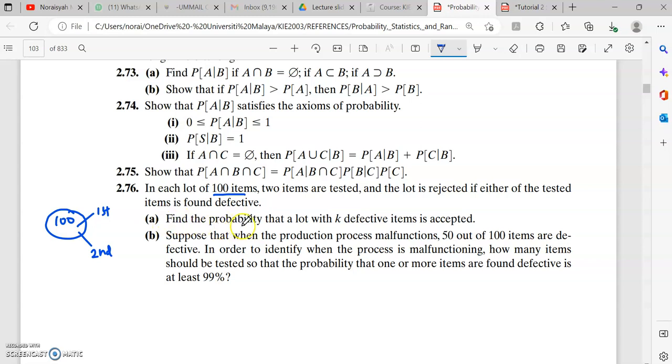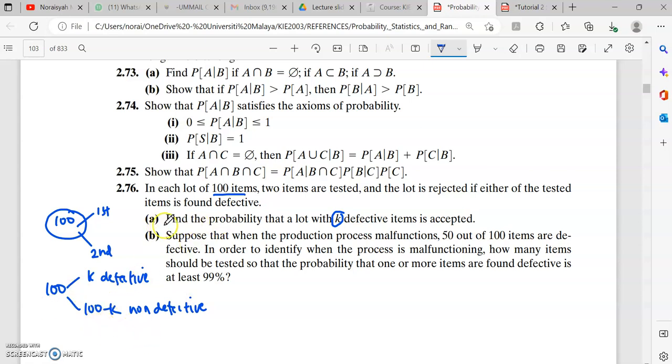Now we are asked to find the probability that a lot with K. We don't know how much K is, but out of this 100, you have K defective, and the rest, 100 minus K, are non-defective. Okay, that's understood.